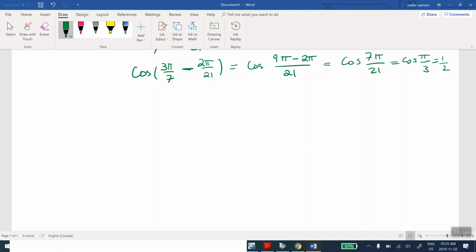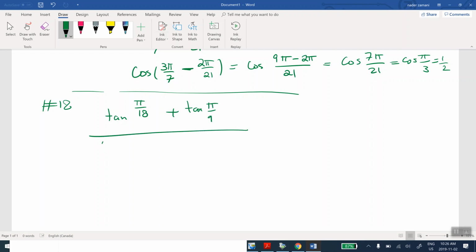Let's go and do number 18. It looks like that: tangent of pi over 18 plus tangent of pi over 9, divided by 1 minus tangent of pi over 18 tangent of pi over 9. You should realize that this is tangent of pi over 18 plus pi over 9.